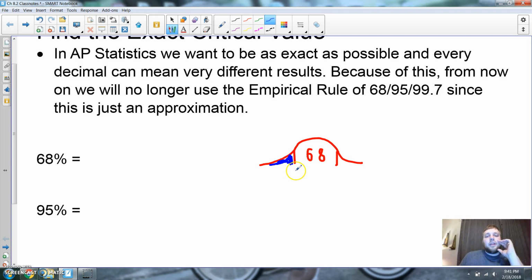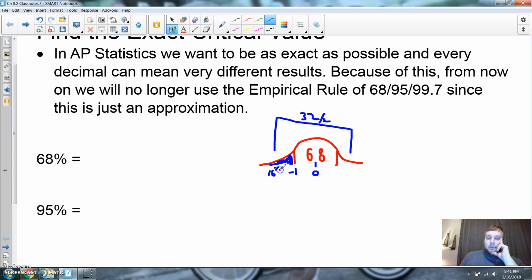Well, 68% of the data is 1 deviation over, because this would be 0, so at -1 deviation. I'm looking for 32%, which is on both ends. Divide that by 2. That means 16% must be over here.